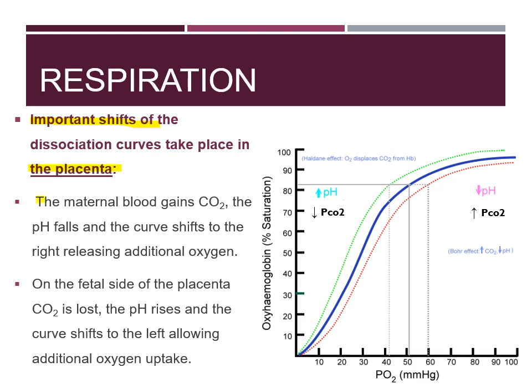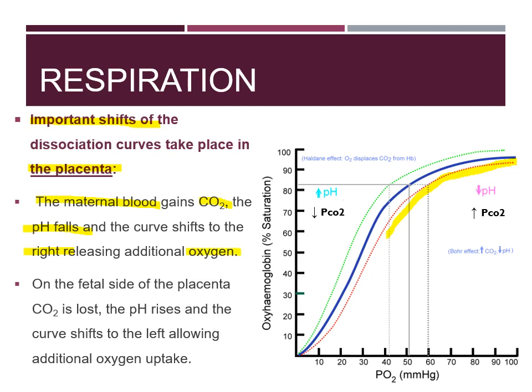So in the maternal blood, gain of CO2 from the fetal circulation will make the pH fall, and then the curve will shift to the right. As you can see here, the red curve, the dissociation curve, is shifted to the right, making more additional release of oxygen from the maternal circulation.